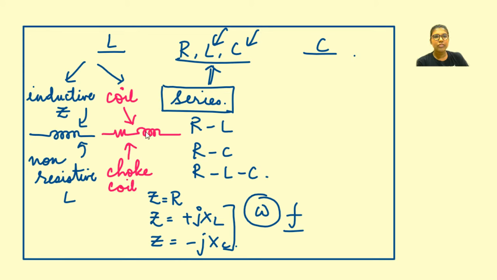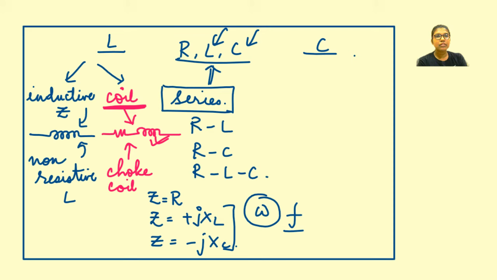You will have a resistor in series with an inductor. So there are two ways in which this inductor could be asked in the question. Either it is inductive impedance or a non-resistive inductor, so it is only a coil. But if the term coil is mentioned, then it will have a small resistor in series. Or if it is written as a choke coil, then again it is this. Is this part clear?